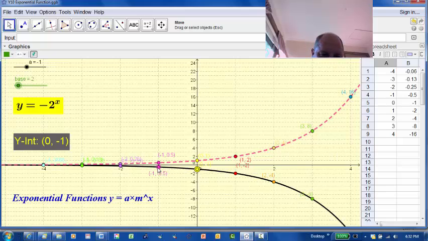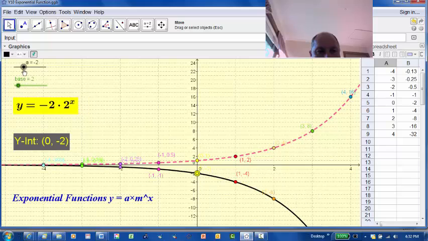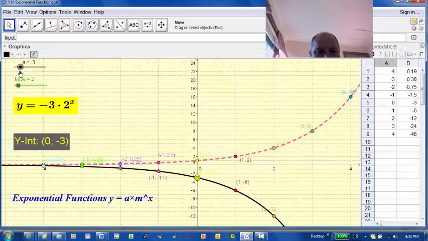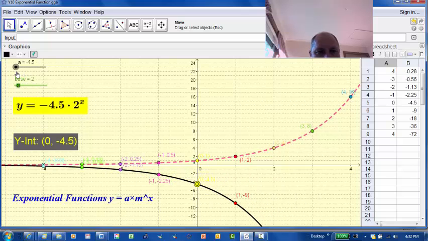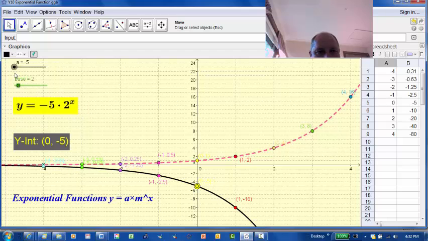And same thing happens here, that flipped over the x-axis, the points, but still getting very close to 0 very quickly. As I increase a, make it a bigger negative number, it stays reflected, and it just stretches it away by that factor. So here a is -5, it's reflected over the x-axis, and it's 5 times further away from the x-axis as it is on the positive side.